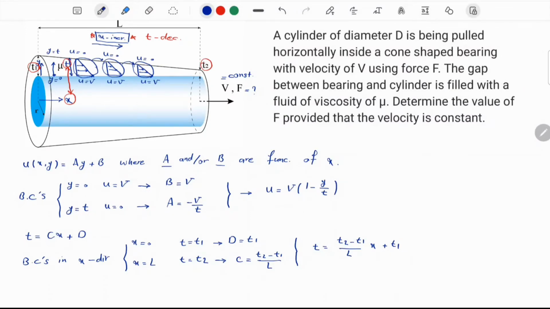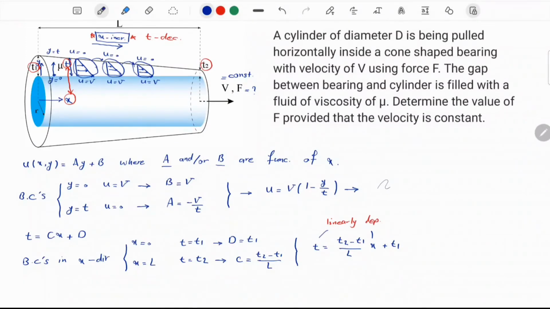Right? Okay. Now, these are mathematical manipulations to obtain the velocity profile as a function of x and y, when x and t are linearly dependent.